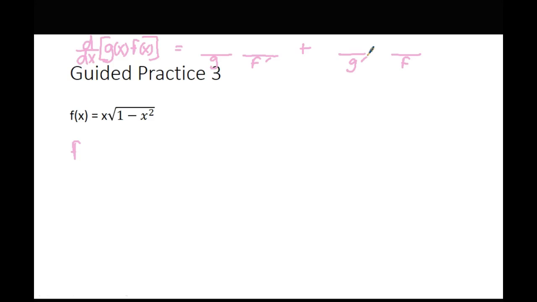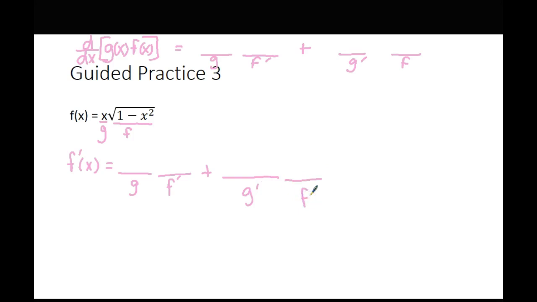Okay, so for this particular problem here, if I were to call this my g function, and if I were to call this my f function, then f prime would be g times f prime plus g prime times f.